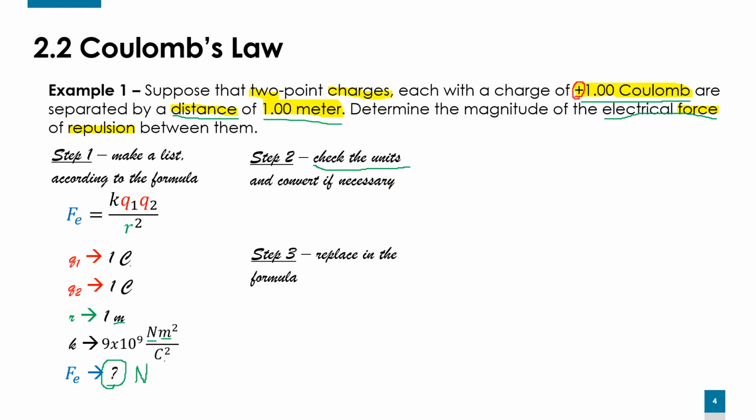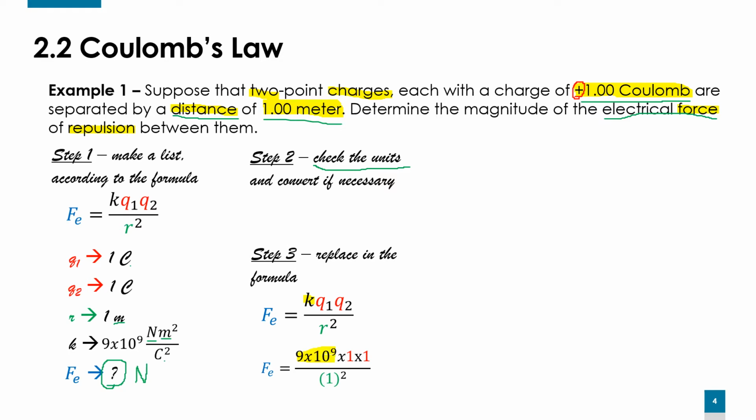Now, next step, step 3, replace in the formula. So I'm gonna write down again my formula here. I'm just gonna plug in my numbers. So force, I don't know. K is 9, so my K is 9 times 10 to the power of 9, okay?